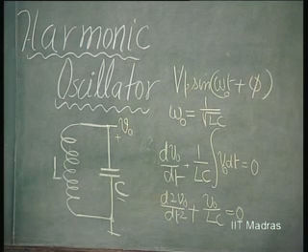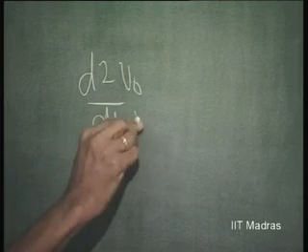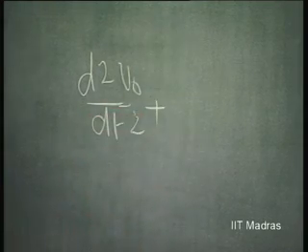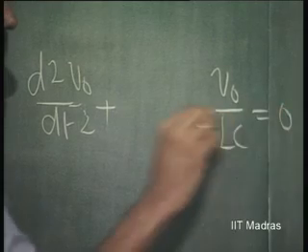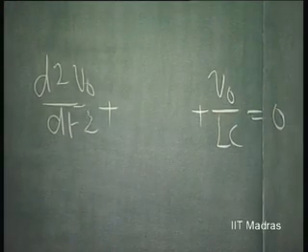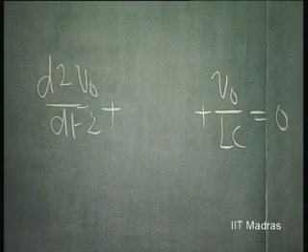Let us understand this: d squared V naught by dt squared plus V naught by LC equal to 0 gives you a sinusoidal oscillator, right.